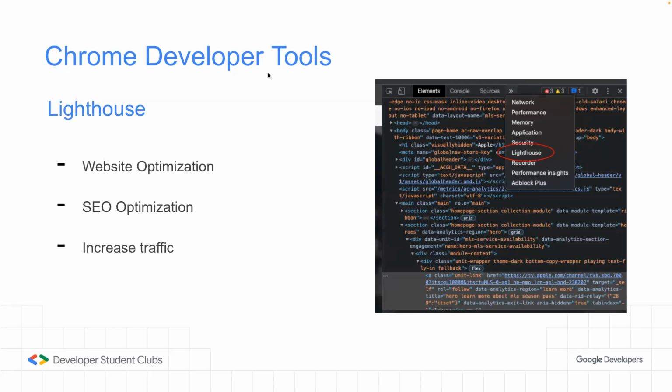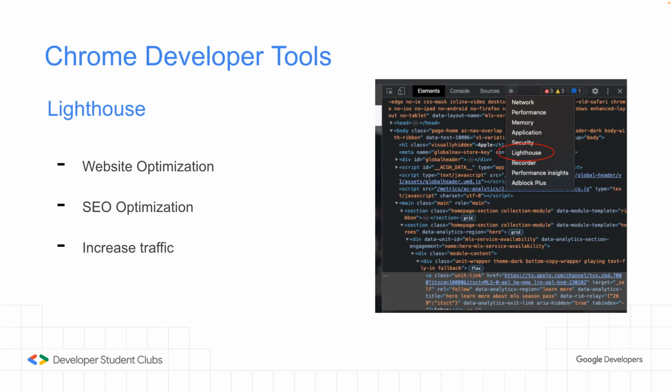The first one I'm going to talk about is Lighthouse. So if you go up to the top with those double arrows next to the elements, console, sources, there's a little button called Lighthouse. You can click it. And basically Lighthouse is Chrome's built-in analysis tool that will take any website, comb through it and rate it in a bunch of different categories.